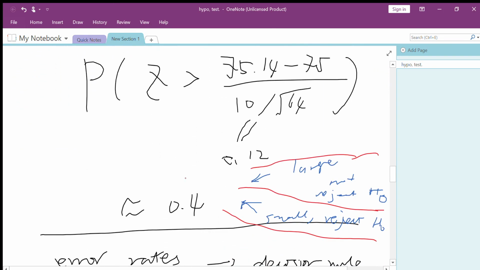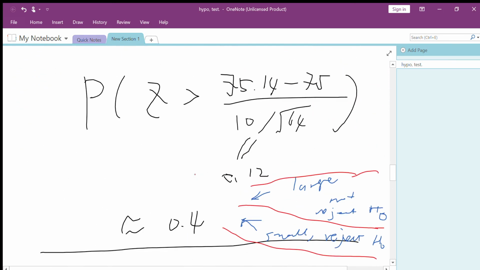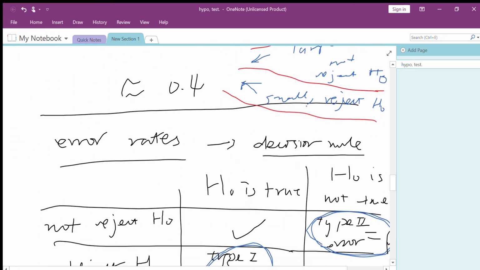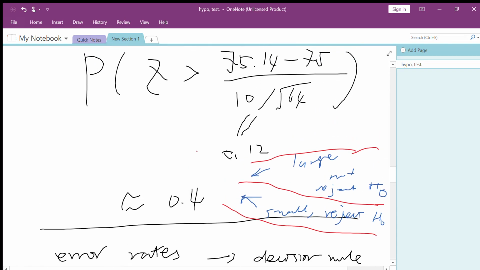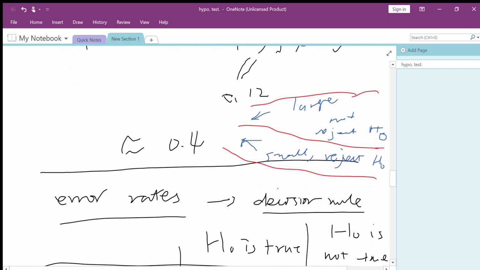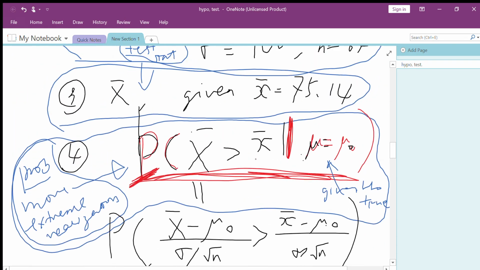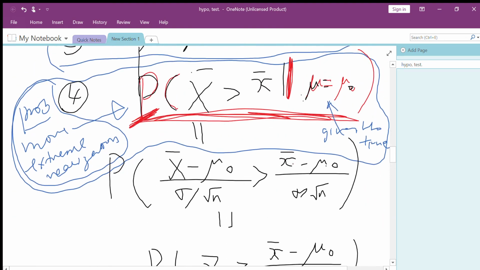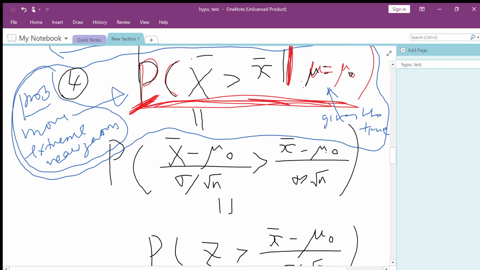If this probability is large, we should not reject H null. If this probability is small, we should reject H null. But small or large is not so clear. Later we'll talk about this way of performing hypothesis testing, and this is called the p-value.